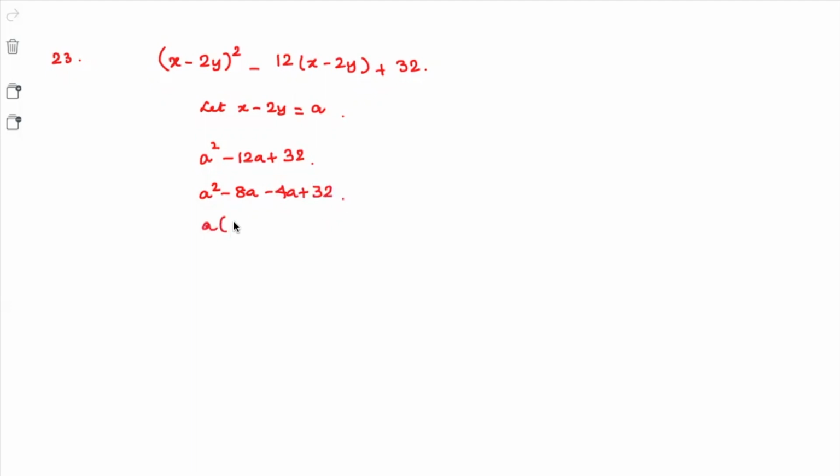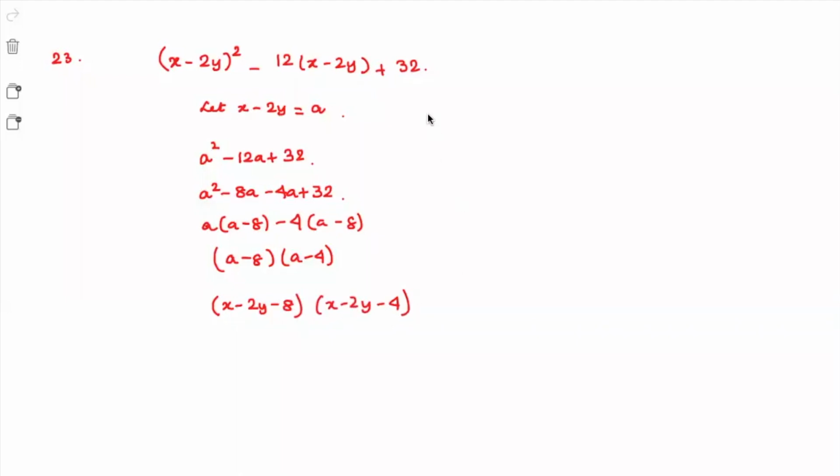I take a common, a minus 8, minus 4 common, a minus 8. So we have a minus 8 into a minus 4. Now what we took as a, we will replace that. So it will become x minus 2y minus 8, x minus 2y minus 4.